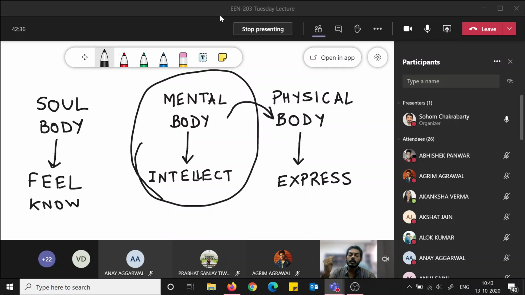As we know, if a person is of lower intellect, does not have so much mental activity going on, their physical expressions will be very crude.